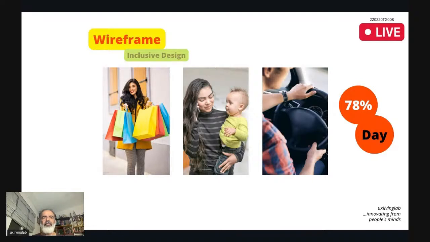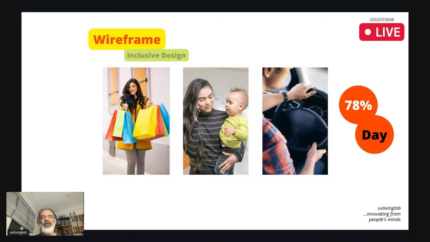This is a really interesting fact, and 78% of daytime means you have to consider it very seriously, because the user has to use your product in between. For example, you are designing an app, you are designing a product.